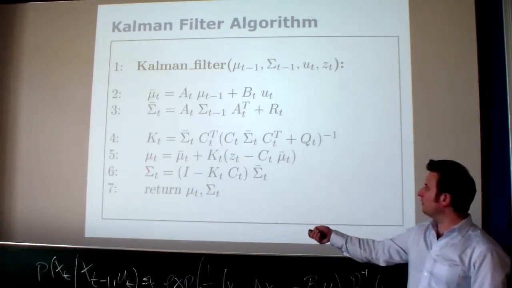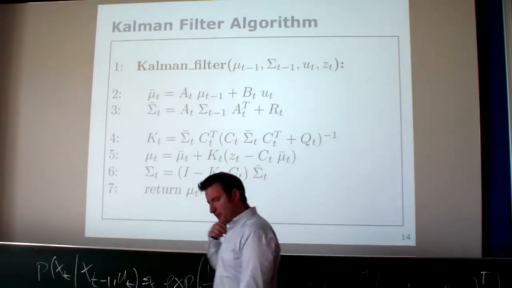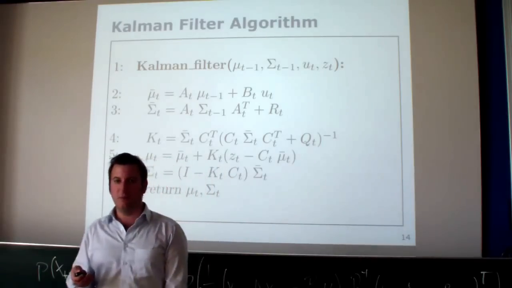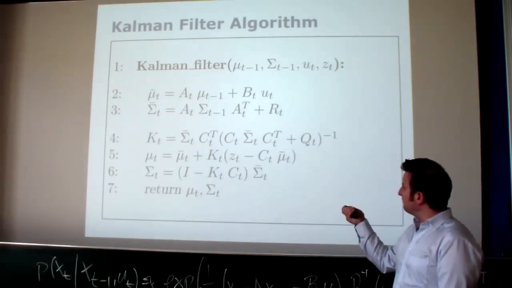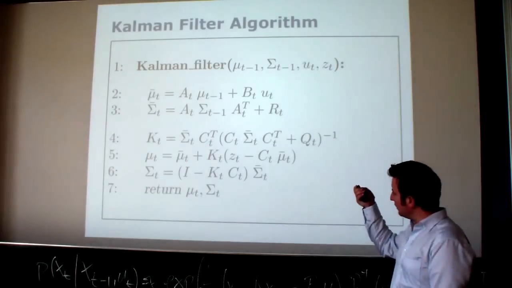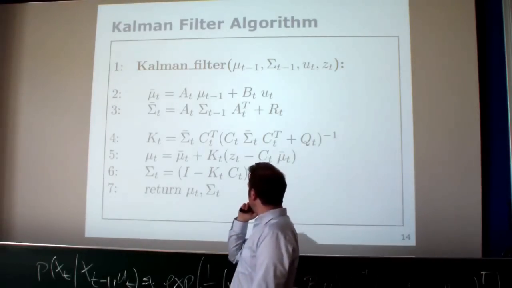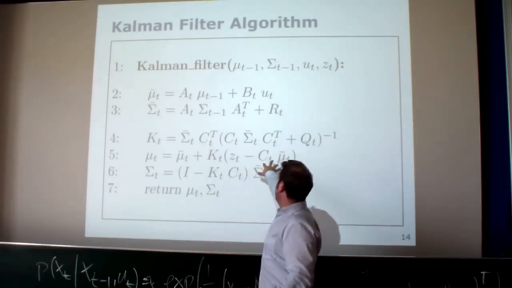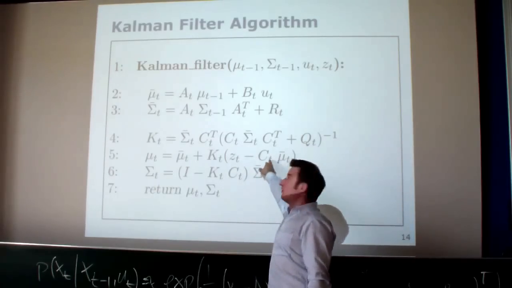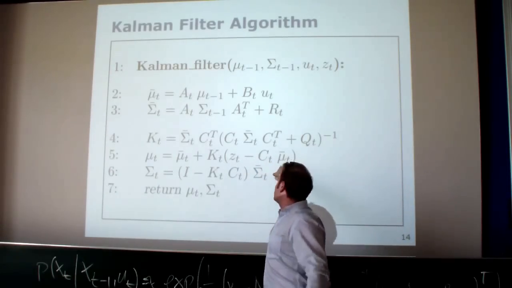The second block down here, line 4 to line 6, is how the correction step works. What we do is compute an expected measurement. This is this term over here, where I have C_t times the mean. This gives my predicted measurement.